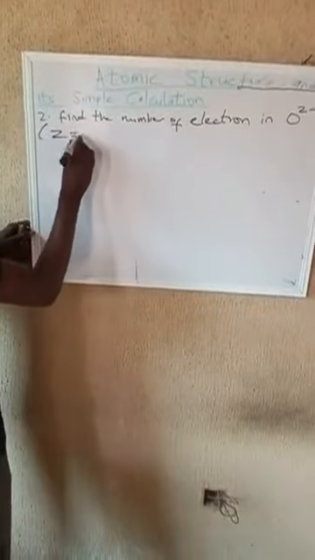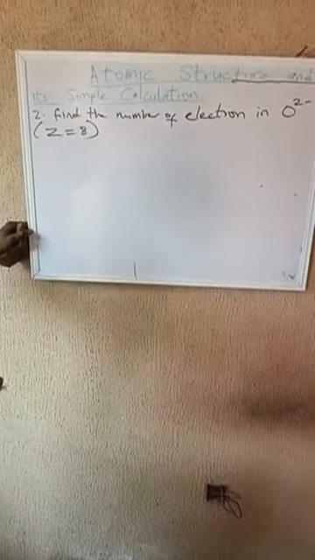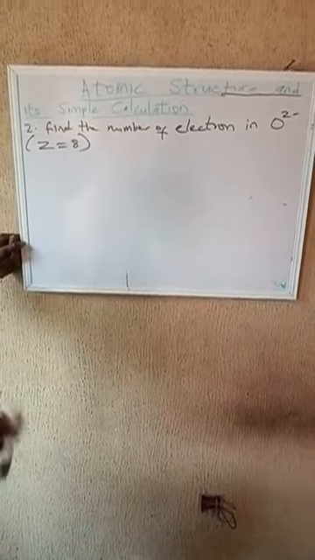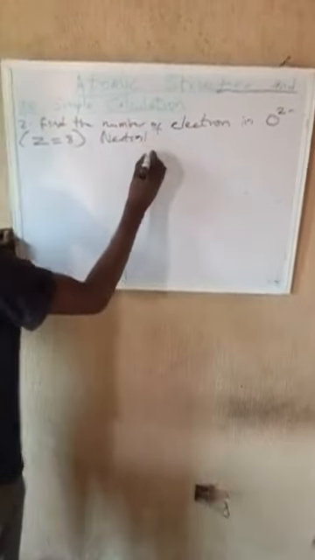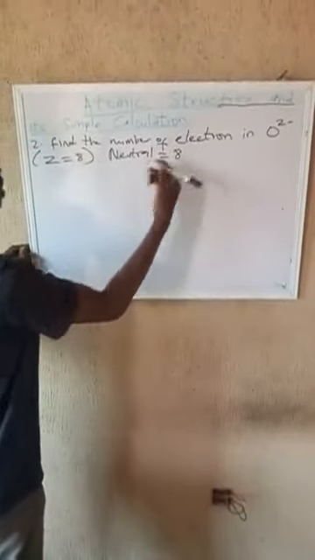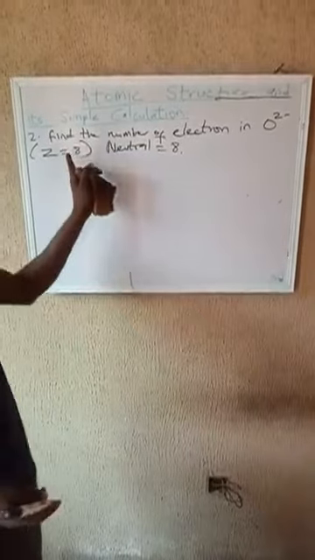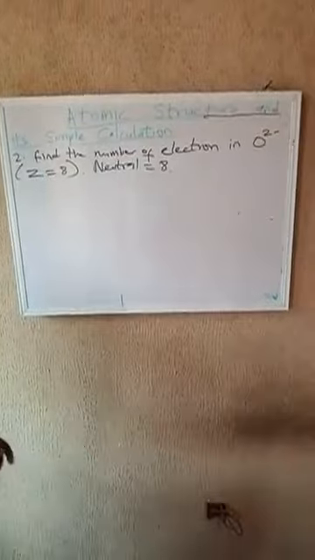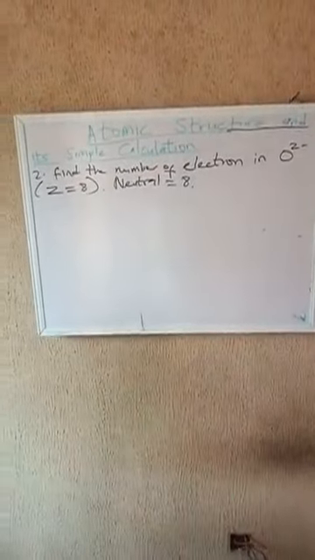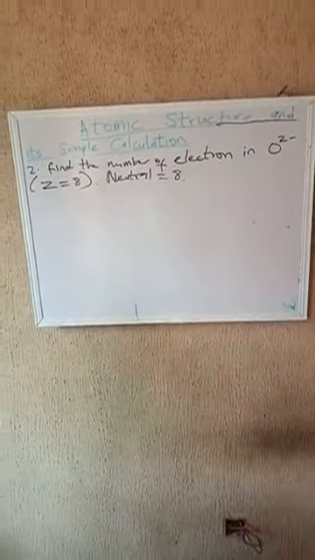The atomic number is 8. So the neutral atom is 8 also. But the one they ask us to find is the number of electrons in a negatively charged atom of oxygen.